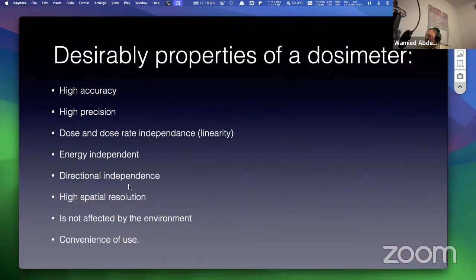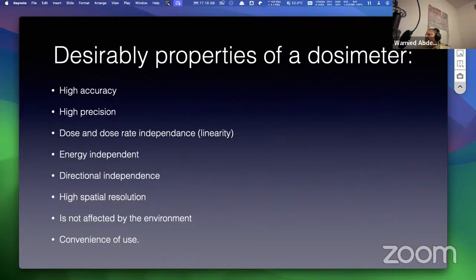Directional independence, that would be nice. It doesn't matter what the incident direction of the radiation towards the dosimeter is; the signal will remain the same. High spatial resolution. The dosimeter's reading is usually obtained from a certain volume.